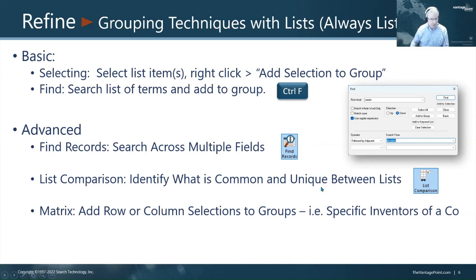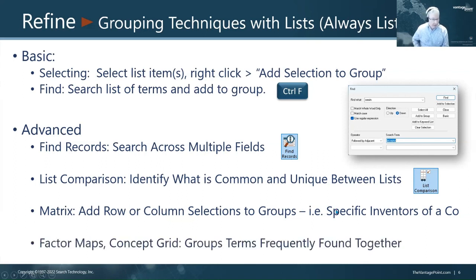And I like to use it to basically find all the inventors for a particular company, just to isolate them. And then you get grouping automatically when you generate factor maps and concept grids.